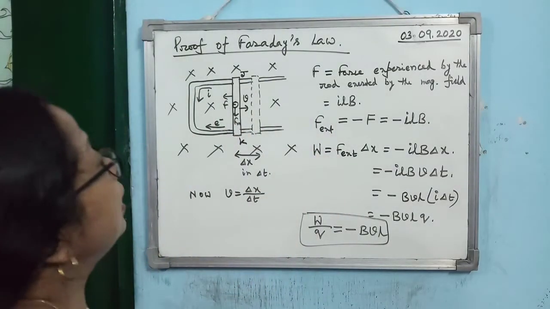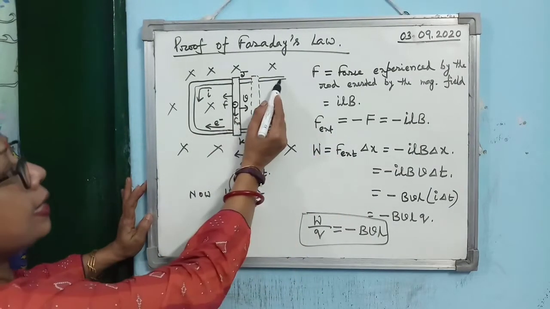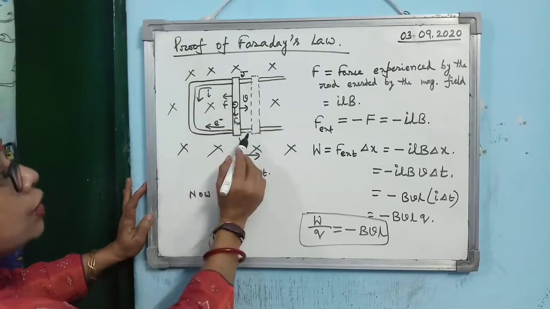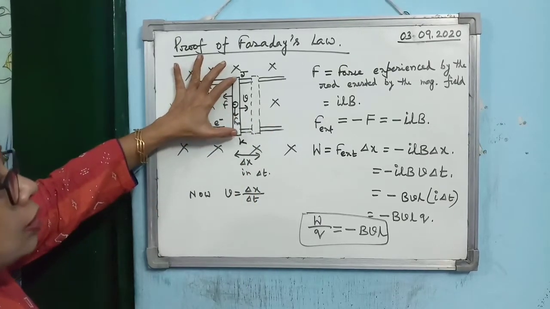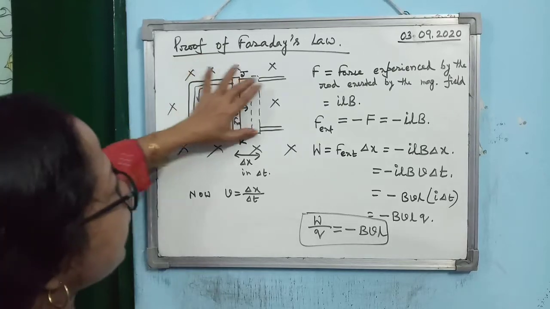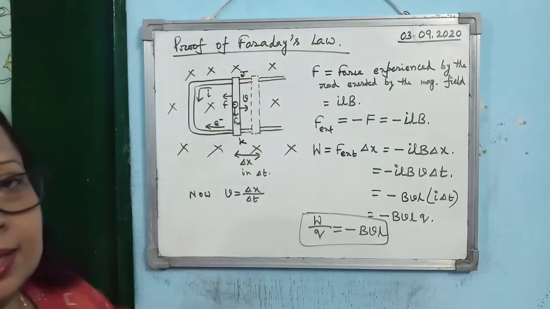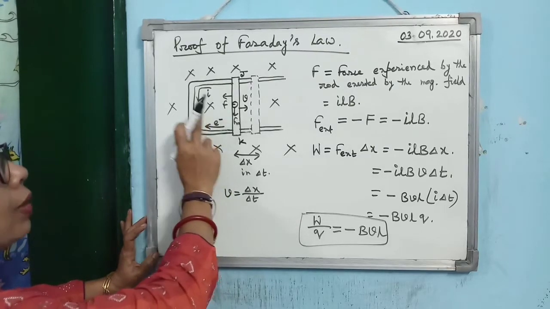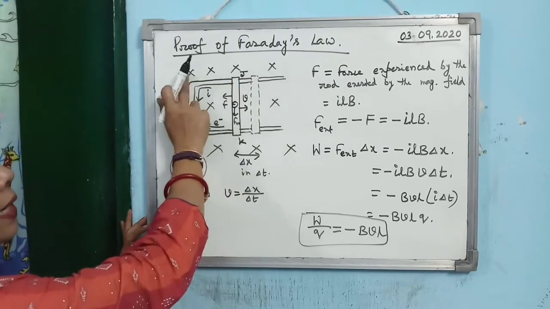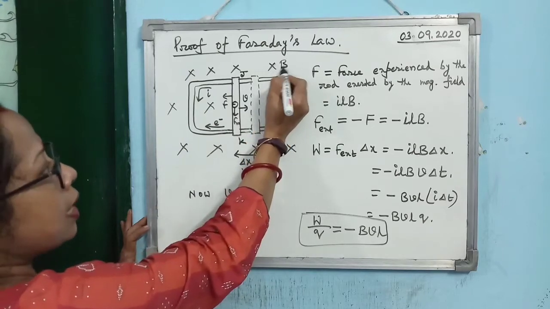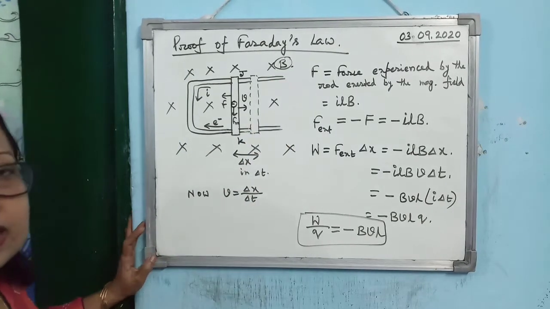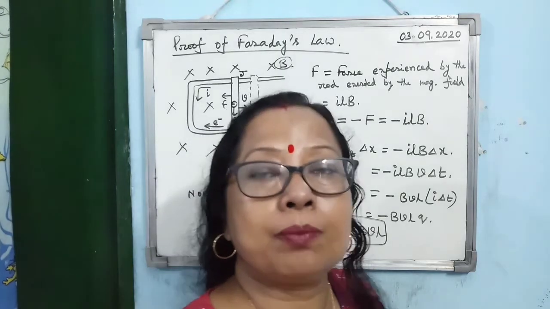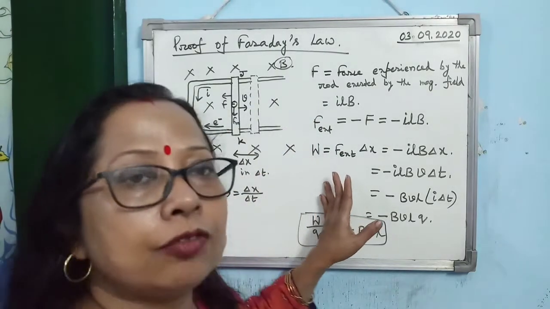Now here, we have considered a U-shaped conductor. And on the U-shaped conductor there is a rod JK which can slide along over the conductor. Just like the previous one, for our convenience, we have considered the magnetic field. These crosses are representing the magnetic field, meaning the magnetic field is perpendicularly inward, perpendicular to the plane of the whiteboard.